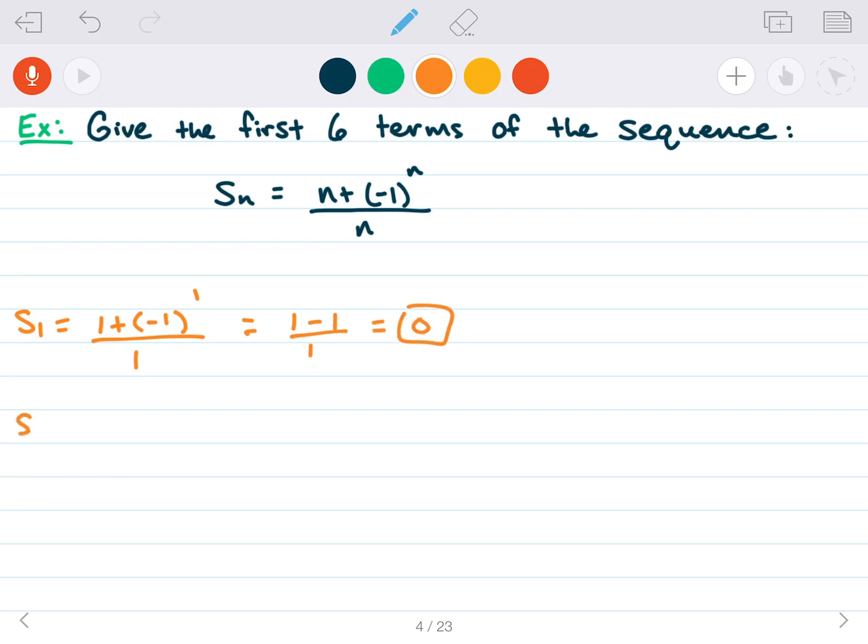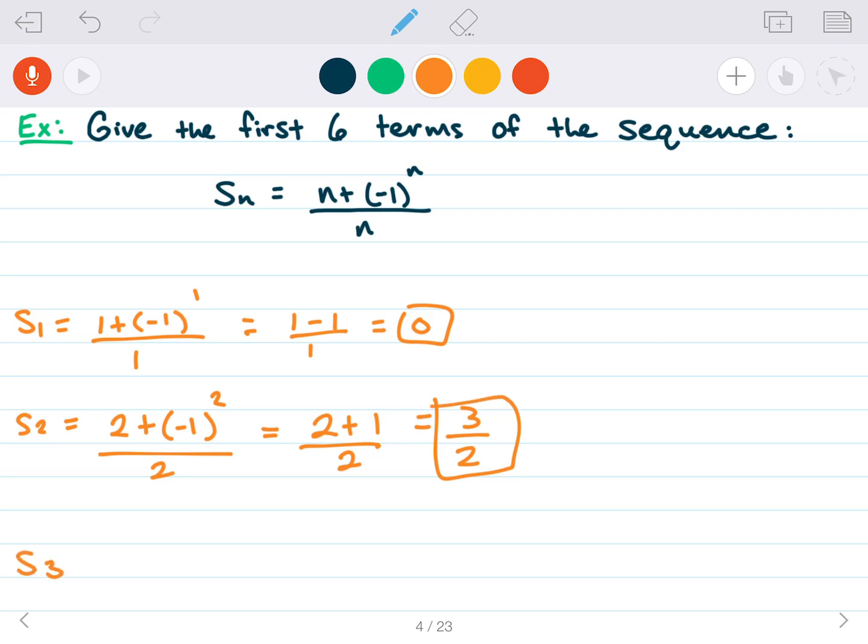For S sub 2, this time n is 2, so we have 2 plus negative 1 squared, all over 2. Negative 1 squared is just positive 1, negative 1 times negative 1. So this is 2 plus 1 over 2, and that's going to give us 3 over 2.